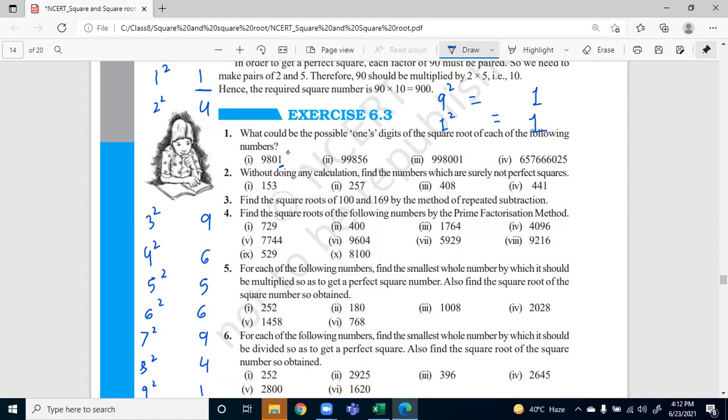So what is the correct answer for the first part? There are two possibilities. It can be 1 or 9.